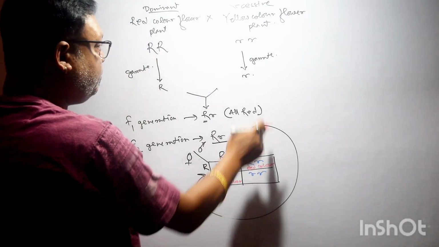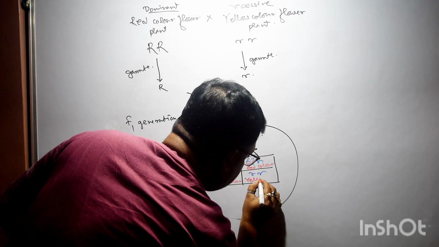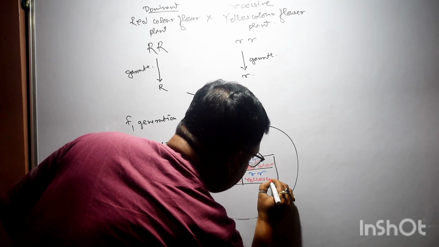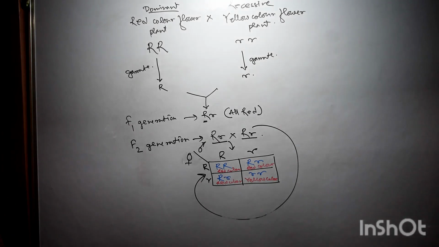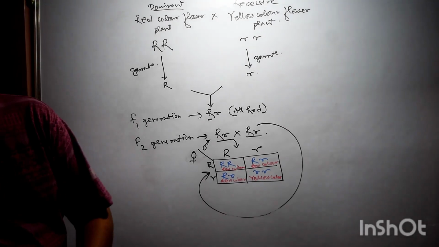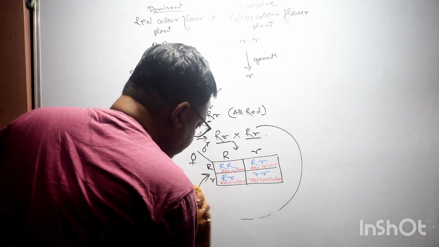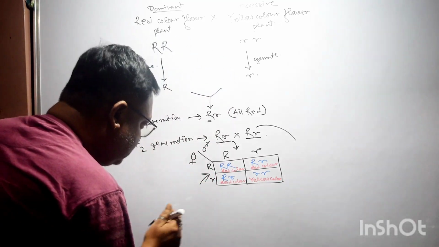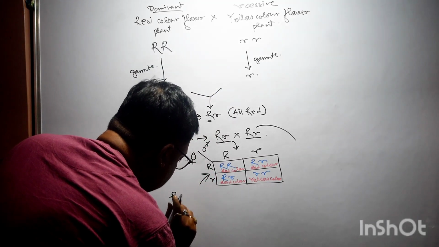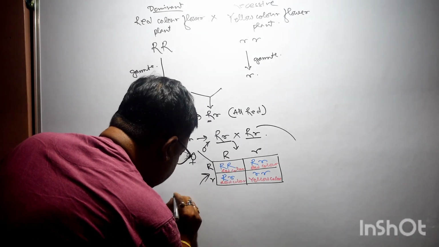And small r small r, already known, yellow color. So up to this it's done. Now you have to find two things from this F2 cross. One is the phenotypic ratio.